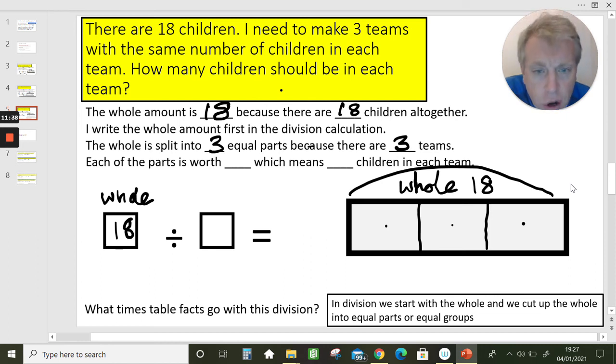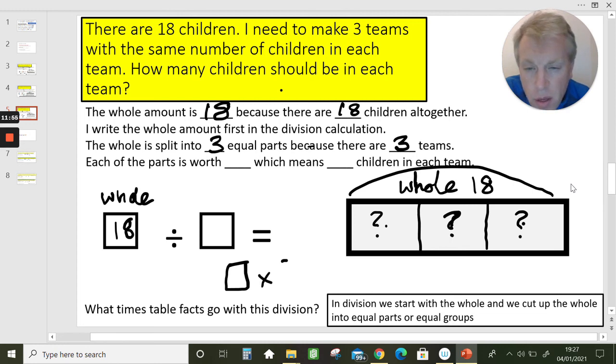And now I've got to think, it's the mystery number 3 times. The mystery number 3 times makes 18. Ah, I know. Well, use my 3 times table. How many 3s make 18?